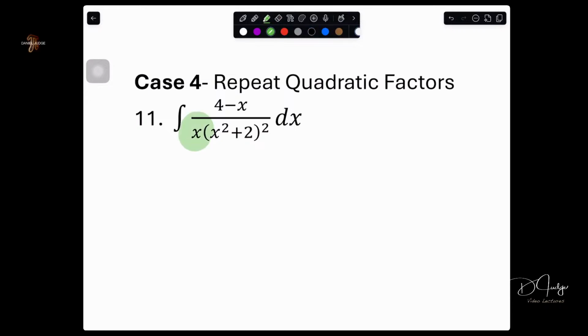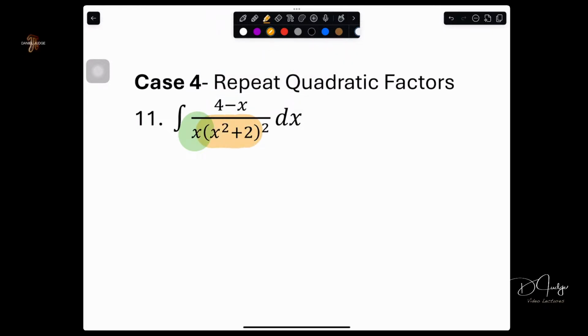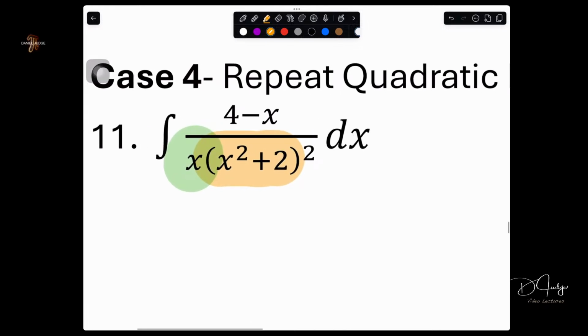The first term is linear, but you can notice that the second term is quadratic because it has the power 2 and it's repeated 2 times.